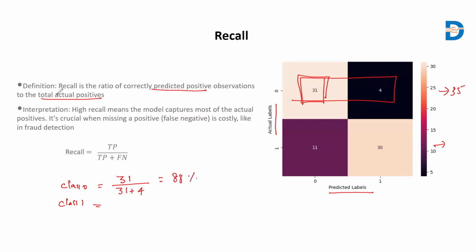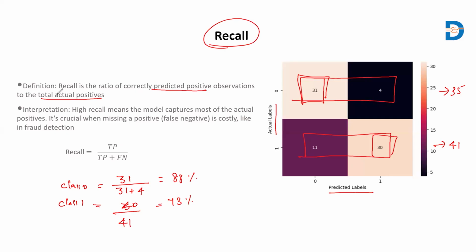Then for class 1, among the actual yes, 41 people have heart disease. Among 41, how many are exactly predicted by our model? 30. So 30 divided by 41 gives 73%.